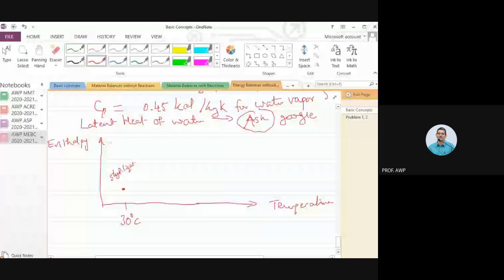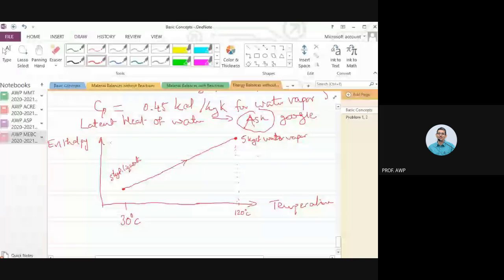Okay, and I want to go to 120 degrees centigrade. Obviously the enthalpy would be more, so maybe I want to end up here. So this is 5 kgs of water vapor, right? So we want to go from this initial condition of 5 kgs of liquid water at 30 degrees centigrade, to 5 kgs of water vapor at 120 degrees centigrade.